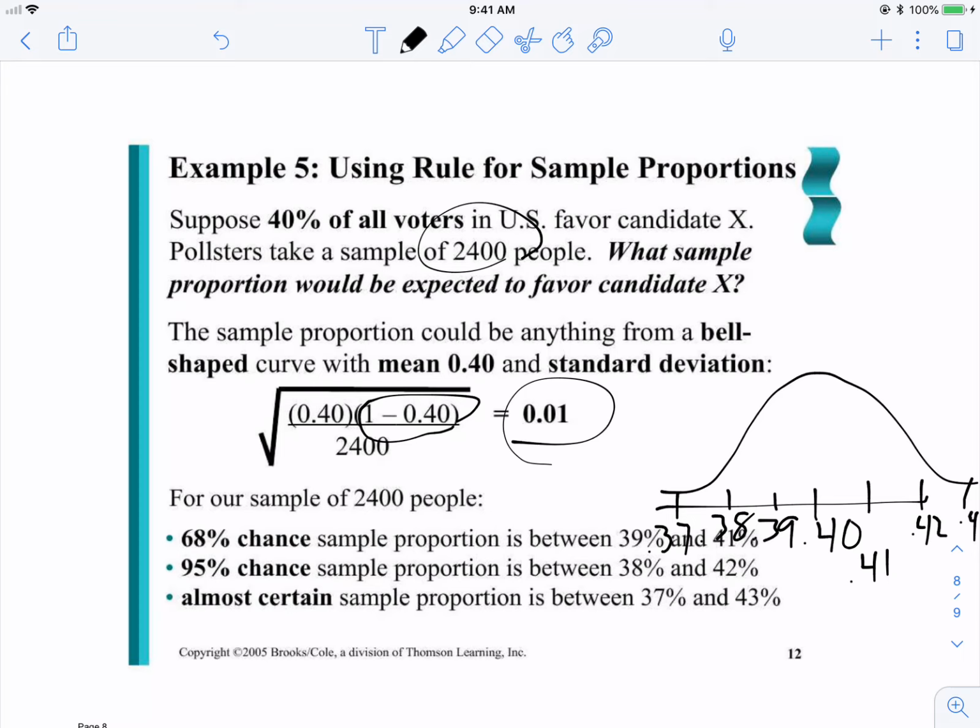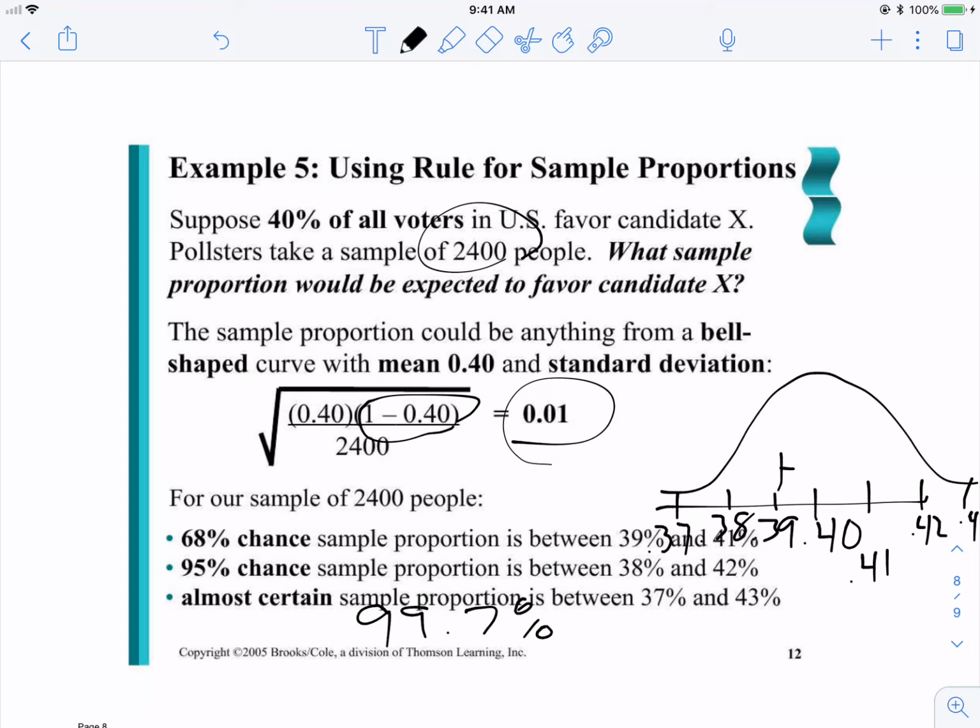Because it fits this normal distribution, we could apply our empirical rule to bring in some probabilities. Remember the empirical rule: 68, 95, 99.7. We are 68% sure that our sample proportion is going to be between 39 and 41%, within one standard deviation.